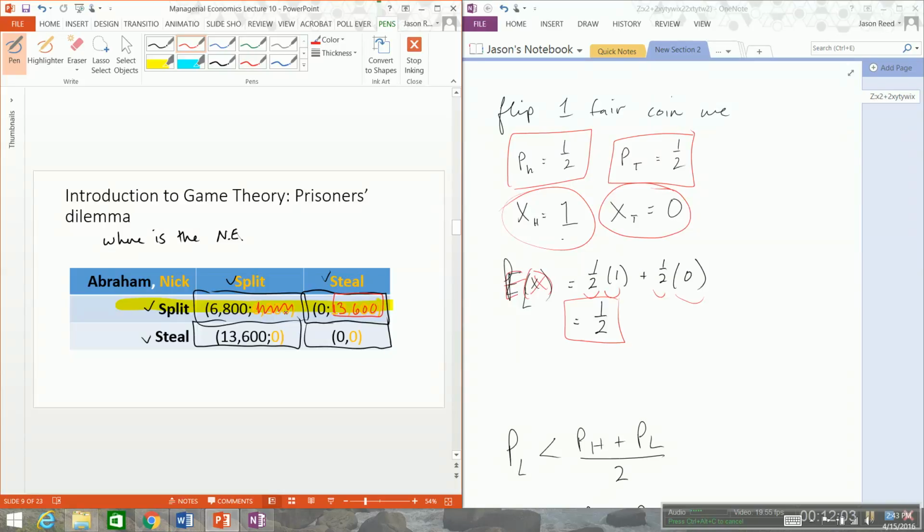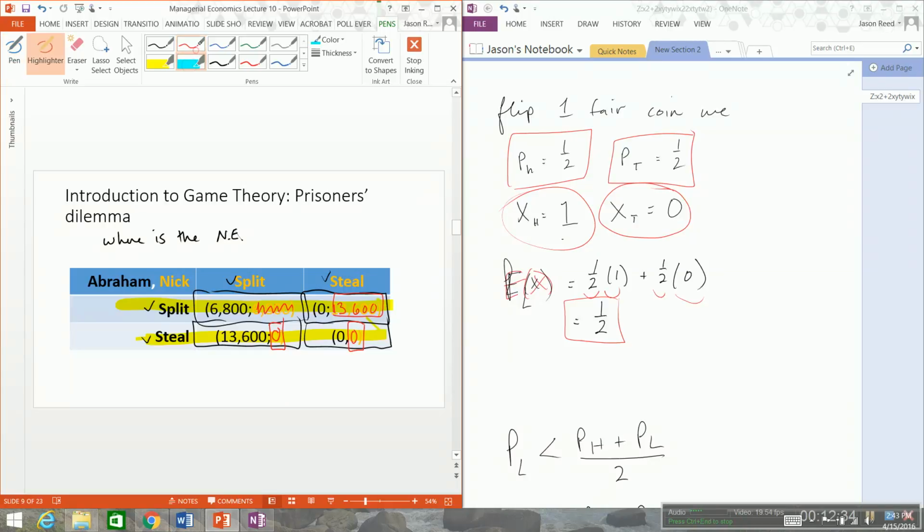And now if I am Nick and I believe that Abraham is going to steal, my best option now actually becomes to either split or steal. I am indifferent because I get zero either way. So I have no strategy that we're going to call dominant. And that is because I'm going to be indifferent or choose split or steal depending upon what Abraham does.